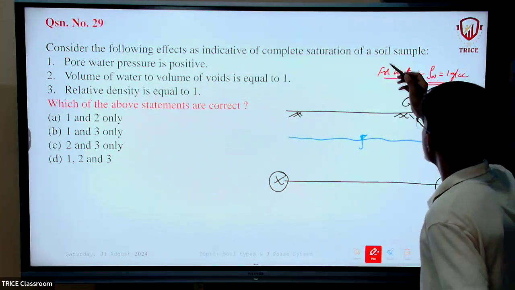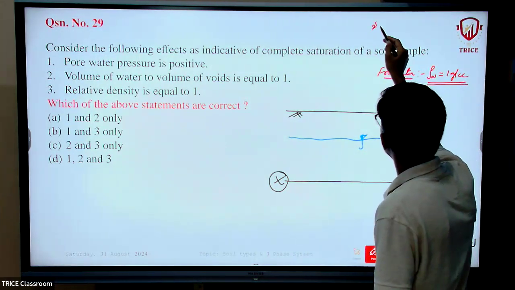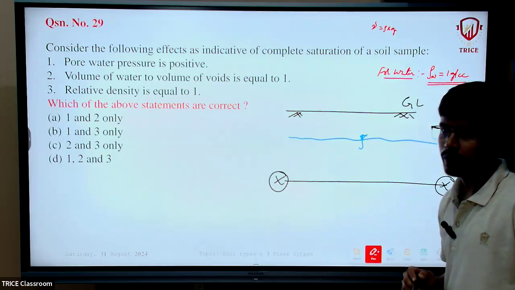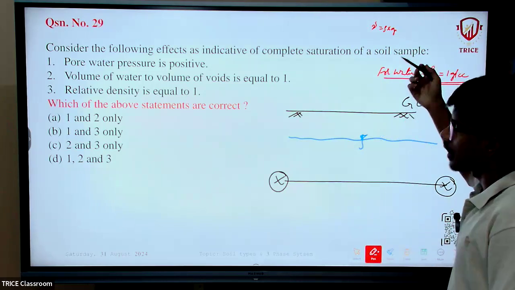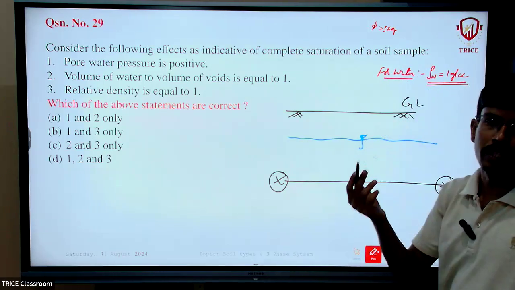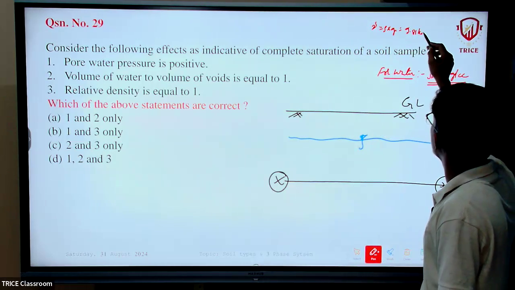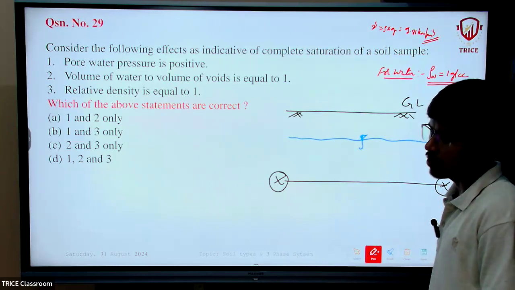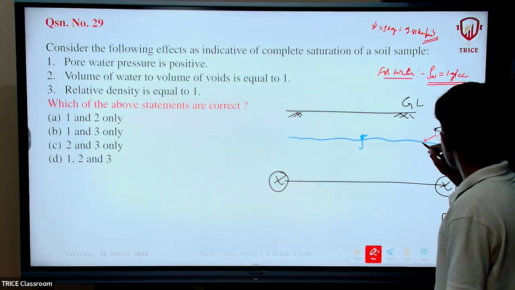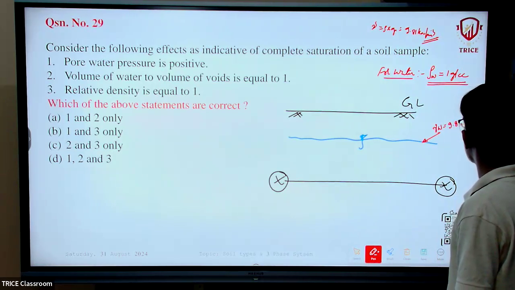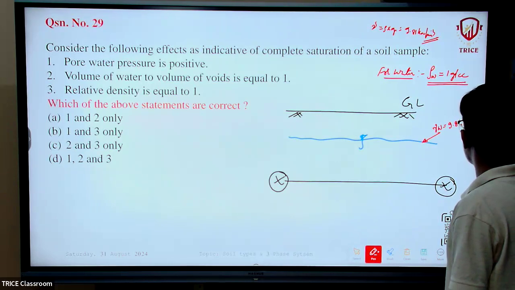Or if you want a precise value, we want gamma, and if you know the rho value and the gravity value, rho is 1 and the gravity of the earth is 9.81, so we can say gamma is equal to 9.81 kilonewton per meter cube. So this is the unit weight of the water, right? So for this water, gamma W is equal to 9.81 kilonewton per cubic meter.